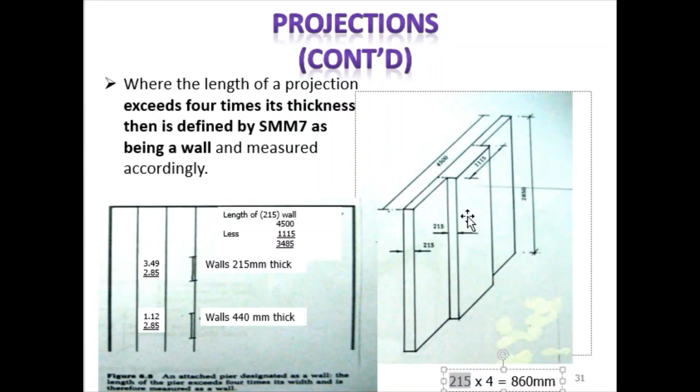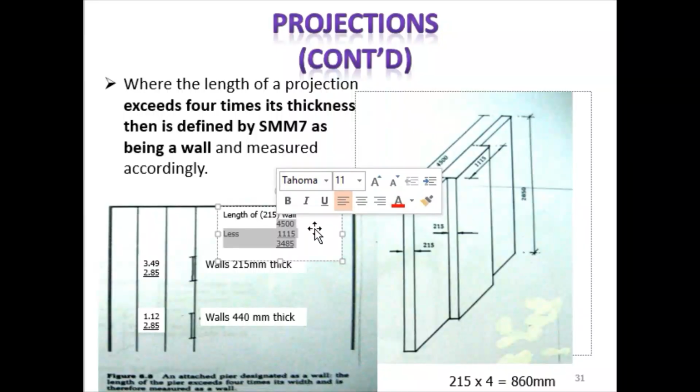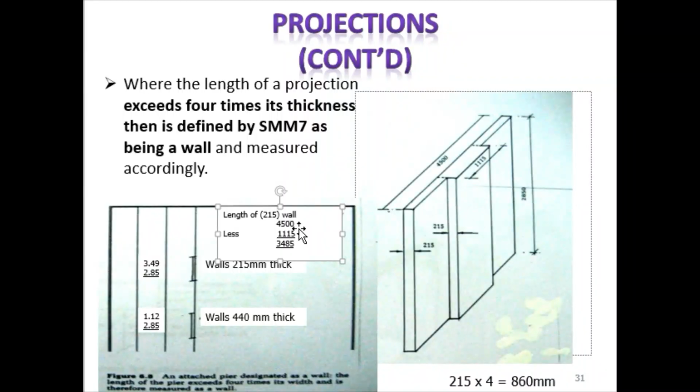So meaning the wall in the middle will have a thickness of double. The wall will be 215 plus 215, meaning the wall thickness will be 440. So you only take the 1.115, you make it 2 decimal places and multiply by the height, and for the remaining sides you do some calculation there. 4500, the whole length, minus the middle 1.115, the remaining is 3485.